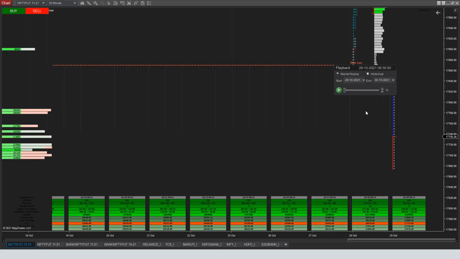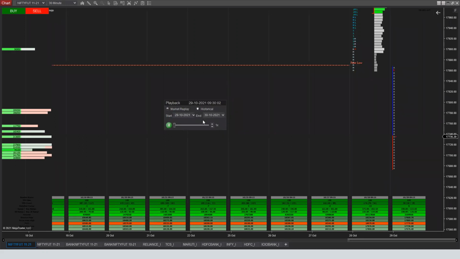Yes, it is there. So let me run. You see here, we can run it at 1 times the speed. At 1 times the speed, it is more or less running at market speed.